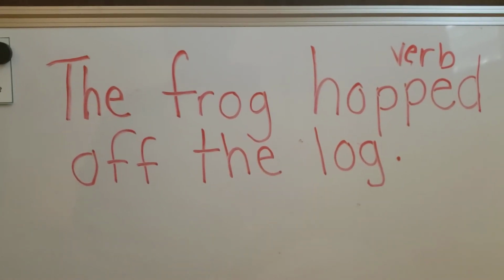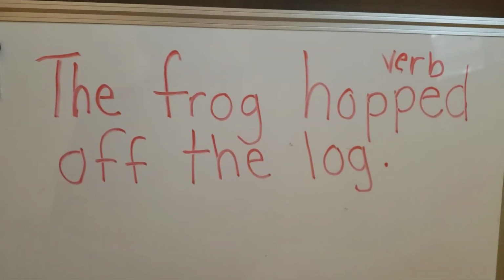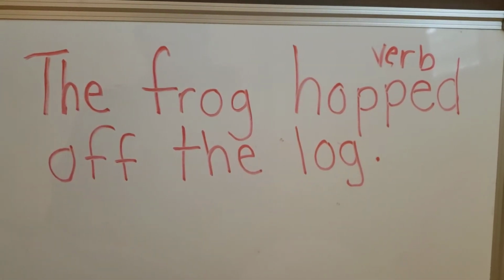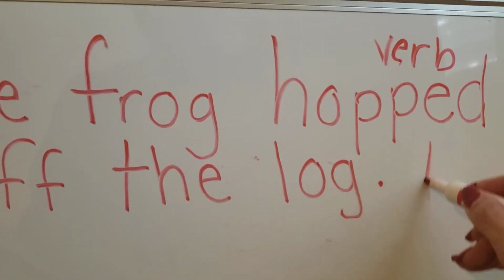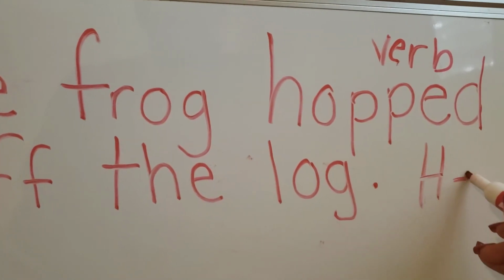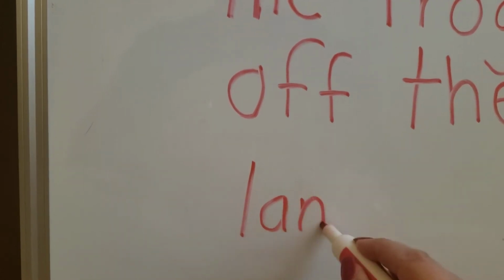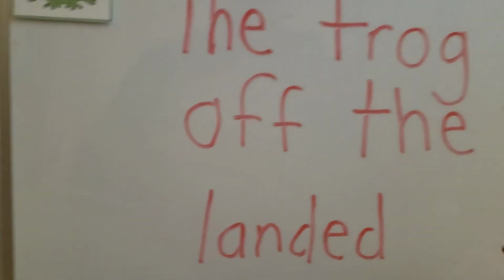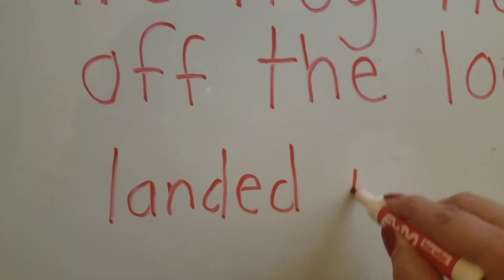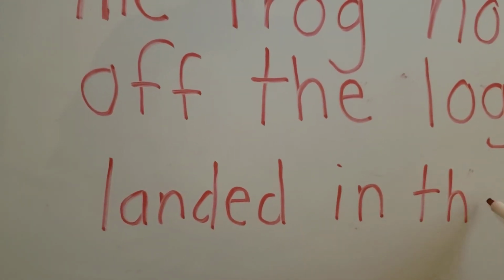Now, if you want to be a level 6 writer, you have to have one more sentence. The frog hopped off the log. I'll add another one. He landed. When he hopped, where did he land? He landed. I put an ED again because it happened in the past. He landed in the pond.